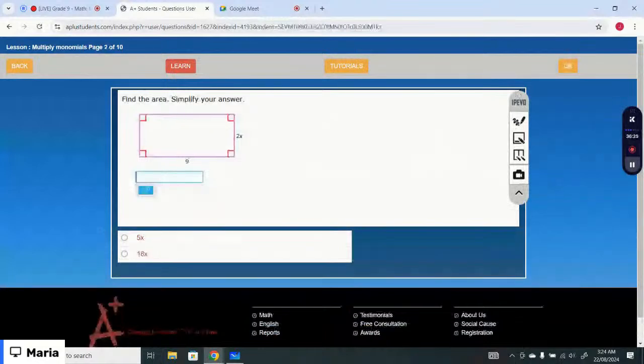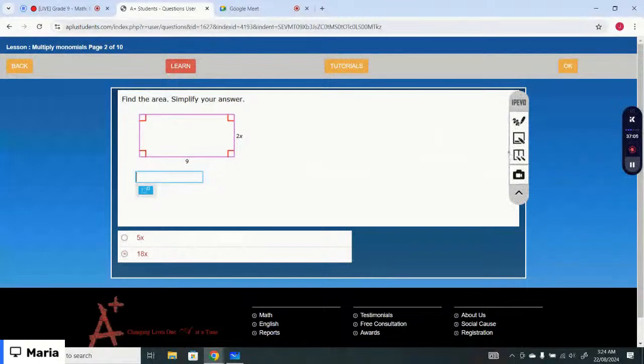Okay, the next one is find the area. So which is the correct option? The correct option is, very good, that is 18x.